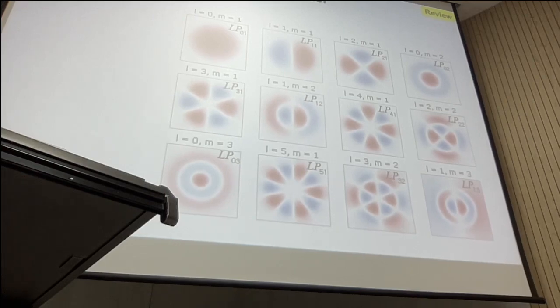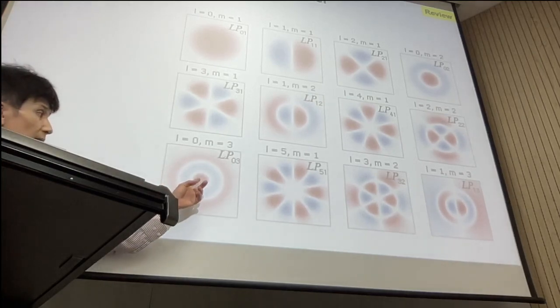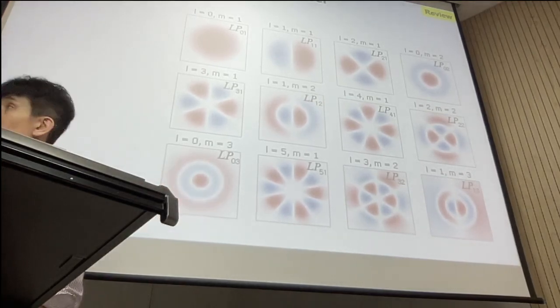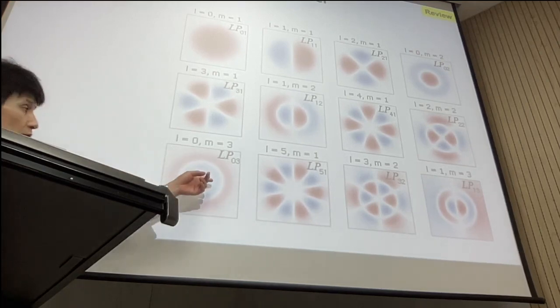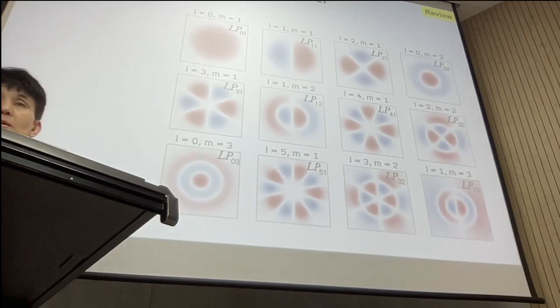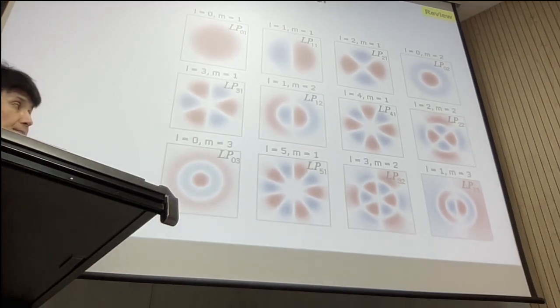That is LP02. And LP03, we have 1, 2 zero crossings along the R direction, like this. That's the LP03 mode. And along the azimuthal direction, there is no oscillation, so it's uniform along the angle phi.